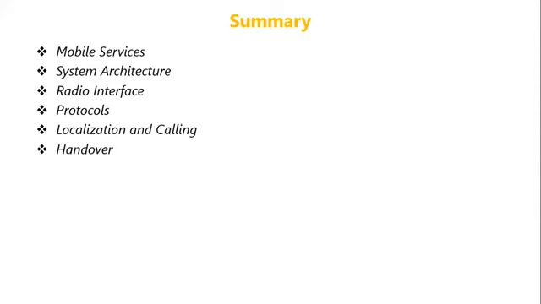Sometimes handover also happens for load balancing. And then we have discussed different types of handover, like intra-cell handover, inter-cell and intra-BSC handover, inter-BSC and intra-MSC handover. All these different types of handover we have discussed. And then we have discussed a timing diagram also for intra-MSC handover.